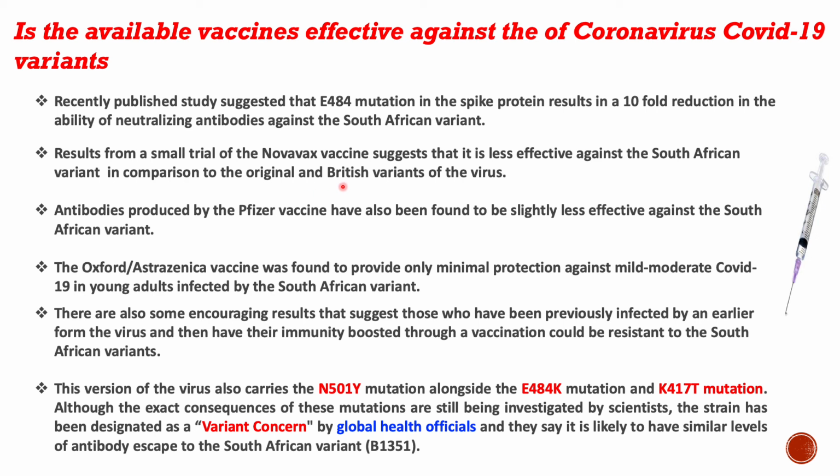So what does that mean? It means that the Novavax vaccine is less effective against the South African variant of coronavirus COVID-19. Another published study showed that the antibodies produced by the Pfizer vaccine are less effective against the South African variant.